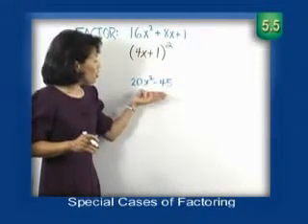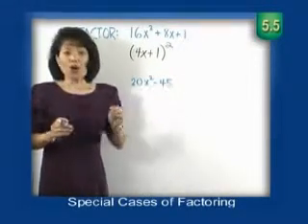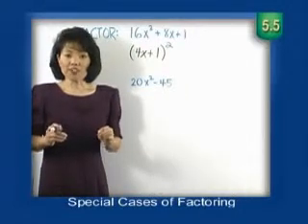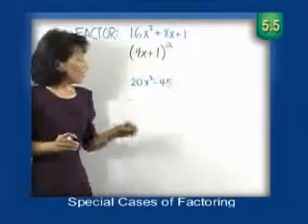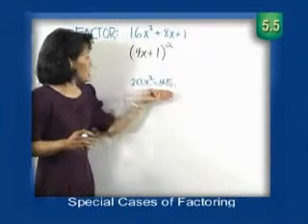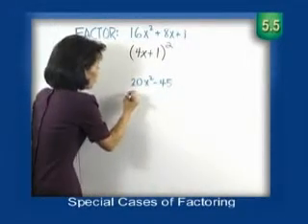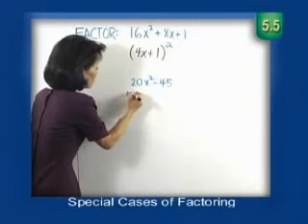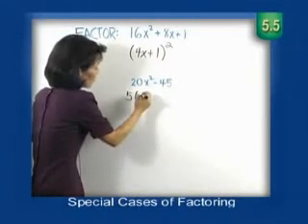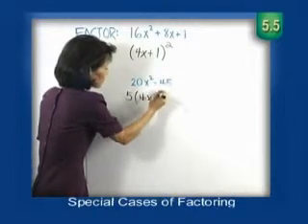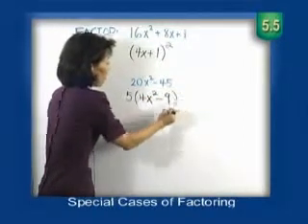Whenever you approach a factoring problem, always keep your eye out for a greatest common factor. In this case, between 20 and 45, we have a common factor of 5. So we're going to take out our common factor of 5. Inside of parentheses, we'll get 4x squared minus 9.